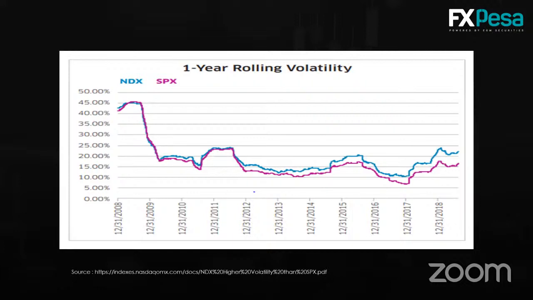Then the purple line is indicating relative rolling volatility within the same period.